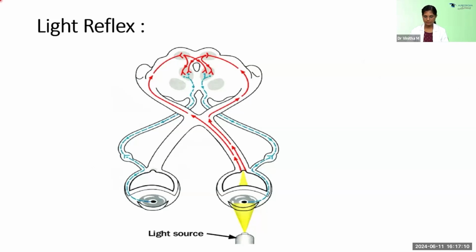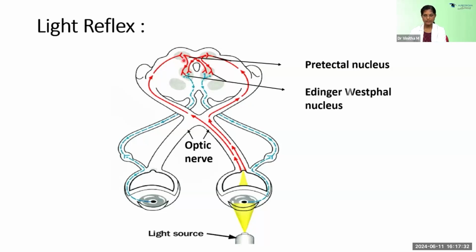Light reflex. When the light is shone onto the pupil, the stimulus reaches the retina, where the stimulus is carried out through the afferent pathway known as the optic nerve. It reaches a part of the brain known as the pretectal nucleus. The fibers then reach the Edinger-Westphal nuclei of both sides.